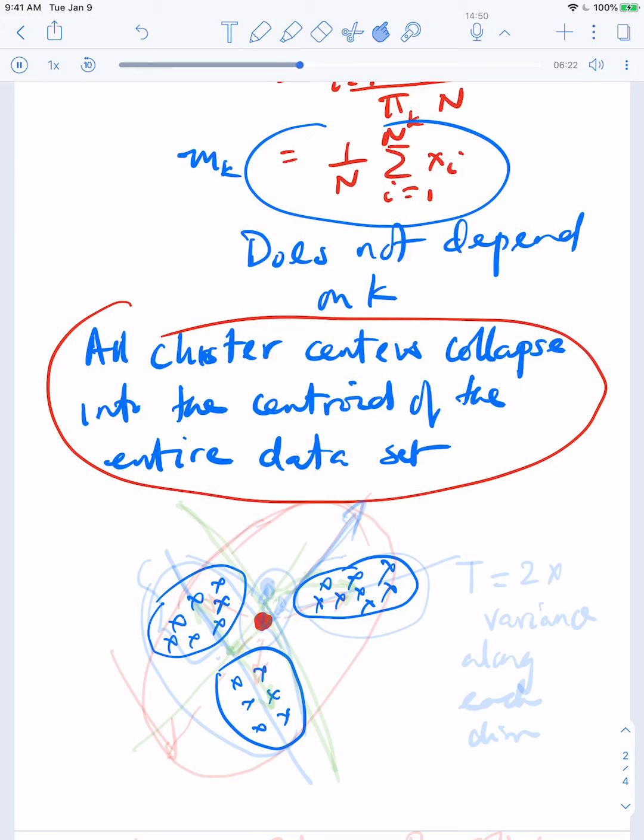So now, suppose I lower the temperature and start running soft k-means again. If I look at the variation of the data points around this centroid, what should the covariance look like? Well, I haven't computed it, I'm just sketching. There'll be a lot of variation. There'll be some variation along this direction between these two clusters.